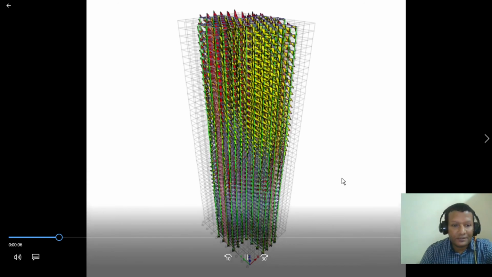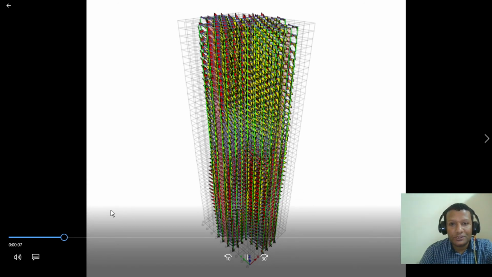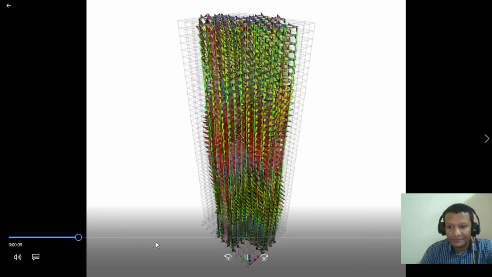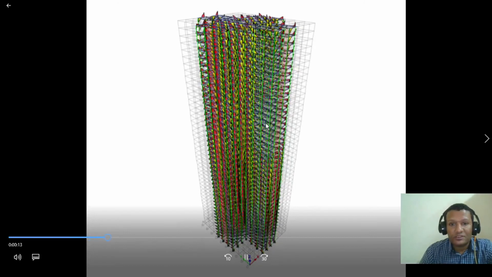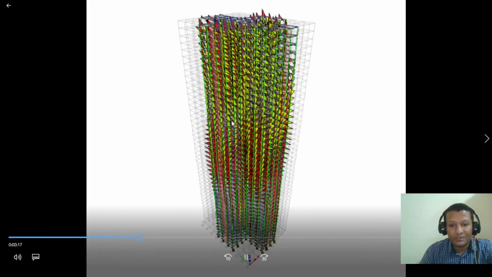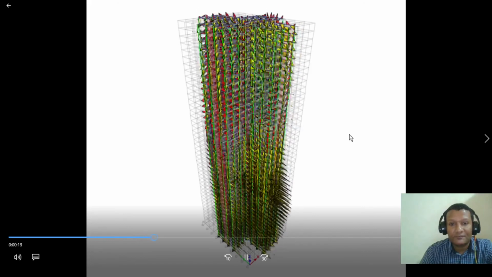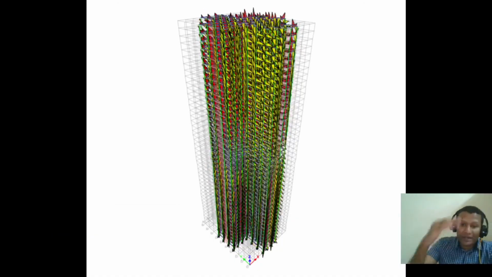As you can see, for this ground motion, each second the shear force, the moment, I think the moment is varying. It's not constant, because I will show you in a moment the combined response spectrum.